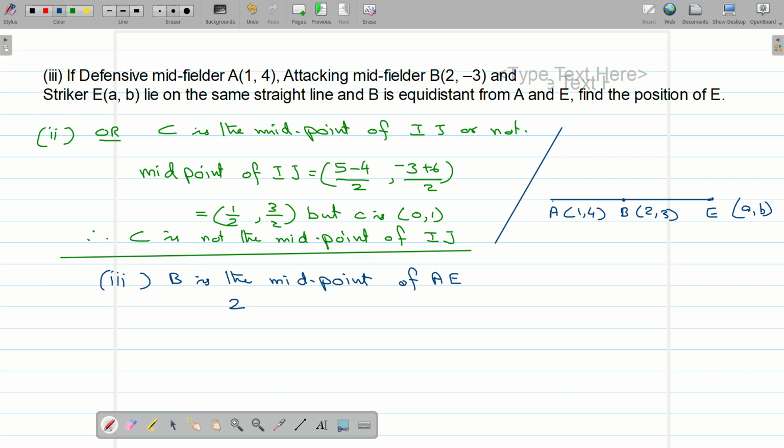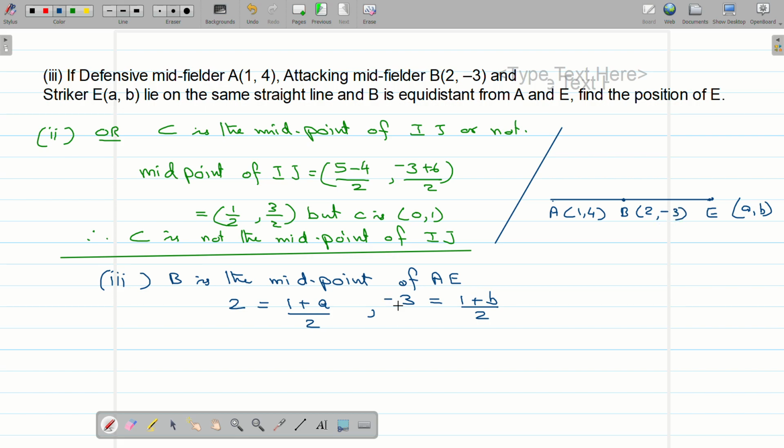So the x coordinate of the midpoint B is x1 plus x2 by 2, and the y coordinate of B is equal to 1 plus B by 2. Here the coordinates of B are 2, minus 3.